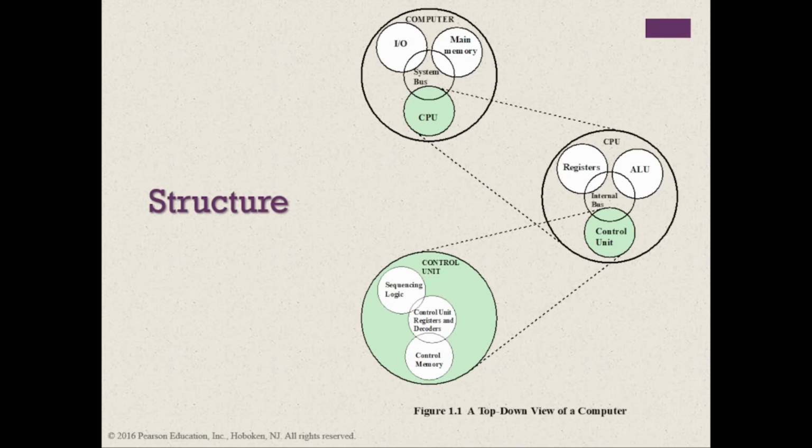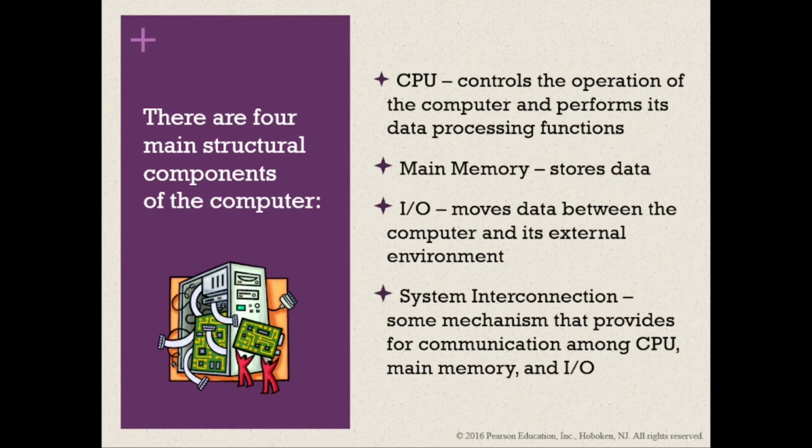Next, there are four main structural components. First, we have the central processing unit, or the CPU, which controls the operation of the computer and performs its data processing functions, often simply referred to as the processor. Next is main memory, which stores data.